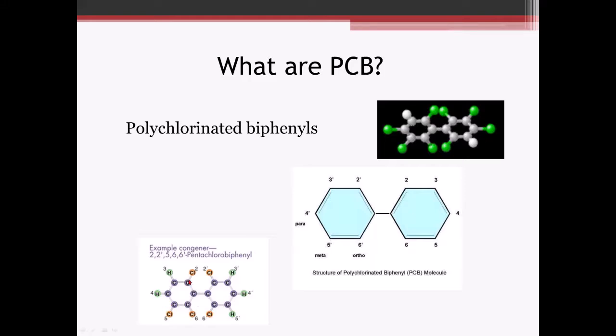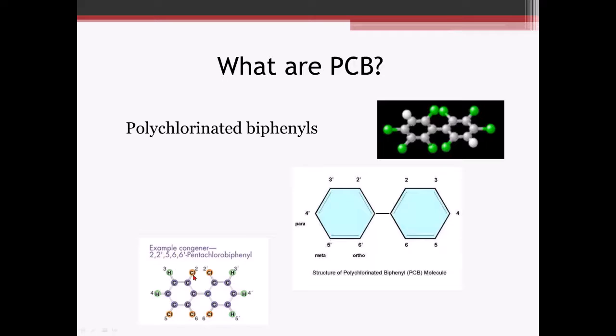What makes it a PCB is some or all of these, or a number of these hydrogen atoms are going to be replaced by chlorine atoms. So that's why polychlorinated biphenyls. And this being an example congener, as you can see, the name of the congener is often attributed to where that chlorine atom is.